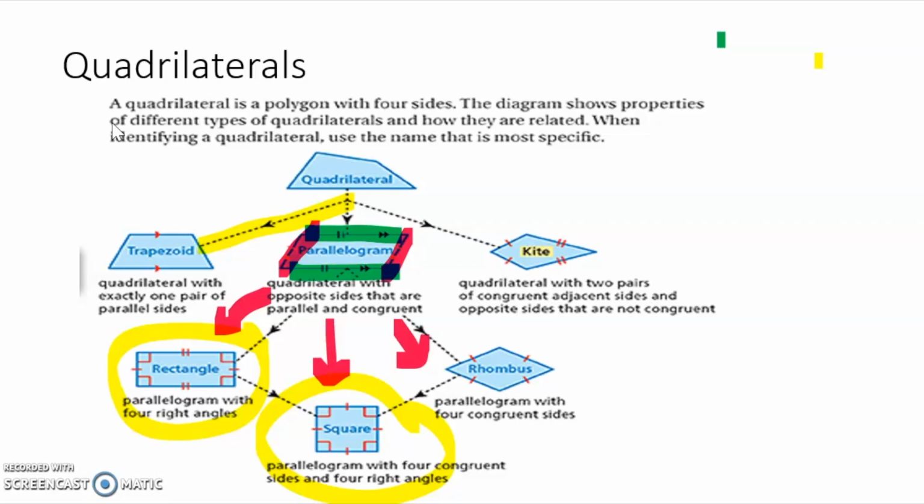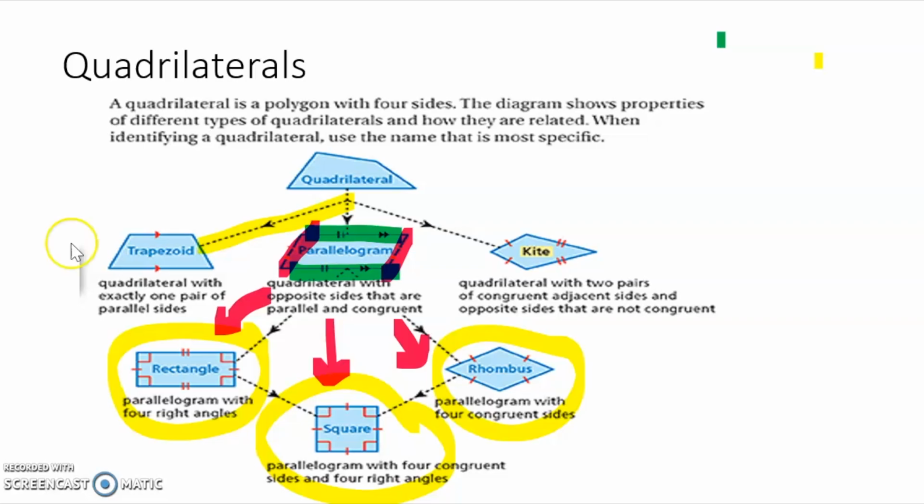And a parallelogram who has four equal sides but not right angles is a rhombus. So these three shapes I've circled, those are all types of parallelograms, but parallelogram would not be the best name for them. The best name for them would be the name that specifically describes the sides and the corners in as much detail as possible: rectangle, square, and rhombus.